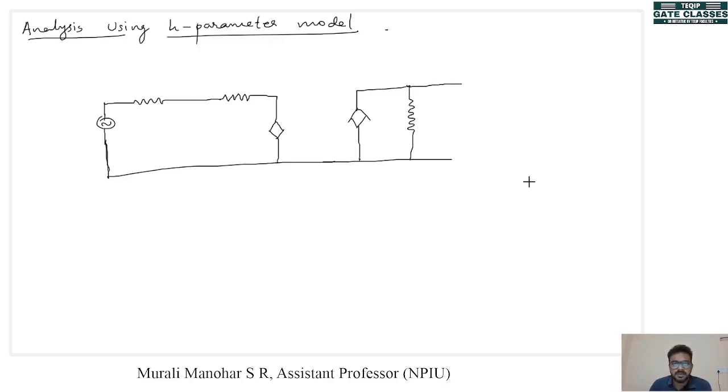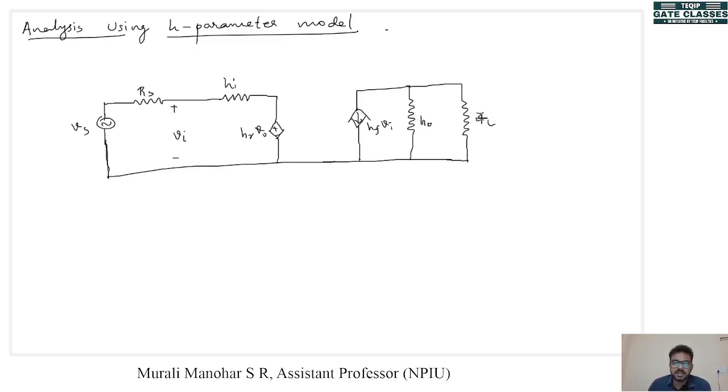Also here we have the load, which is represented by ZL. So this is Vs, Rs, Hi, Hr into Vout. This is Hf into Ii, where Vi will be this one. Then this is Ho, and this is ZL.